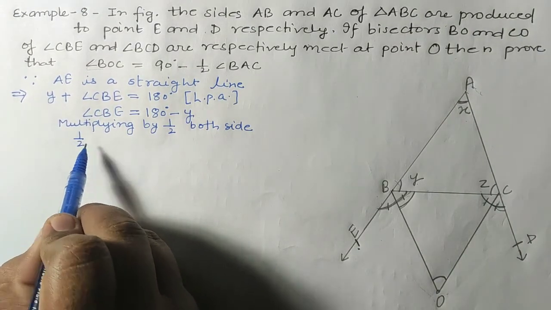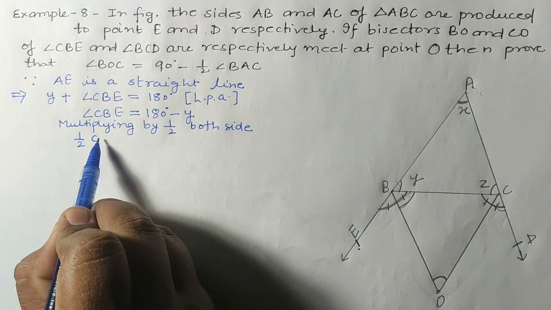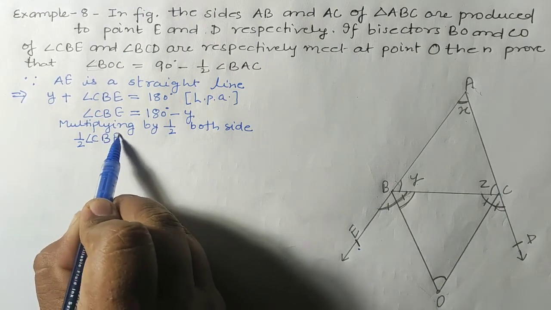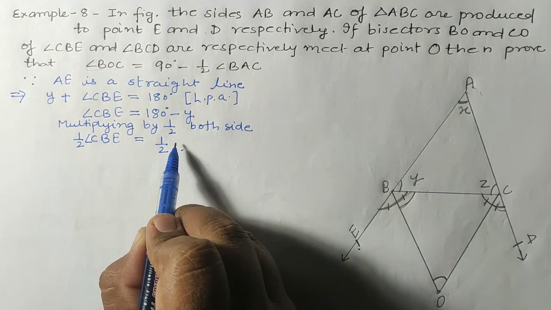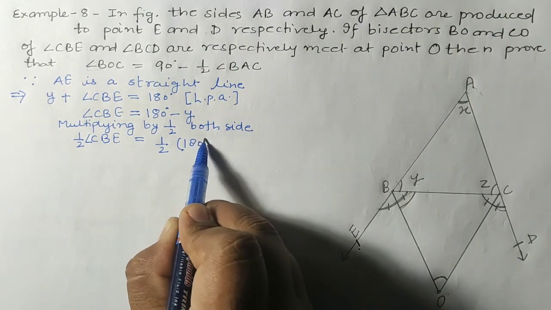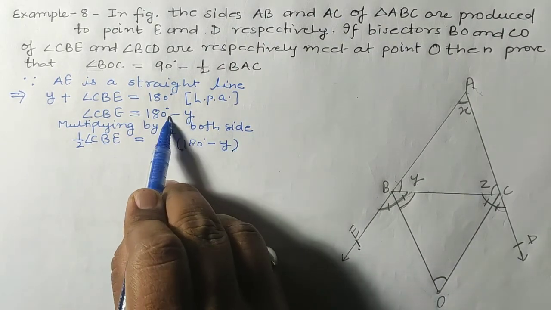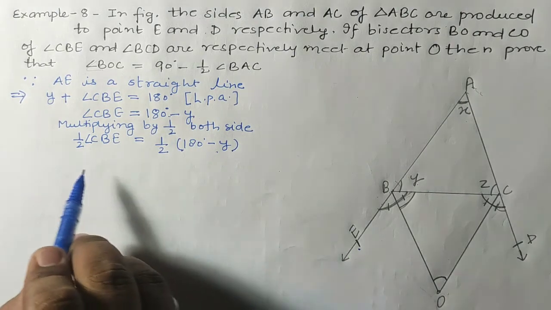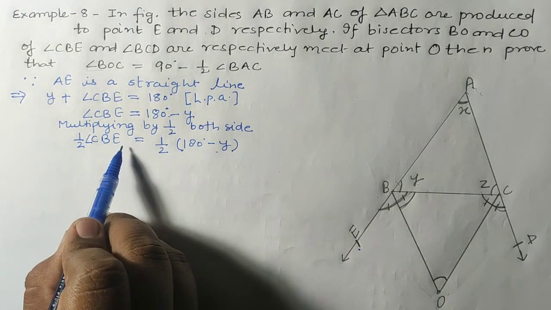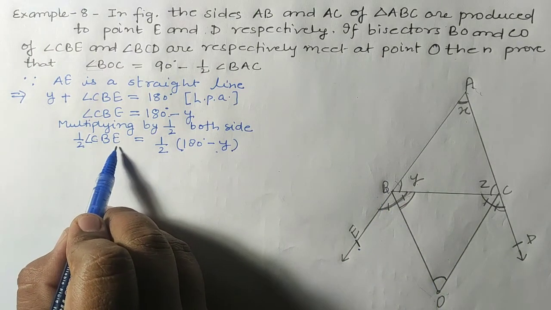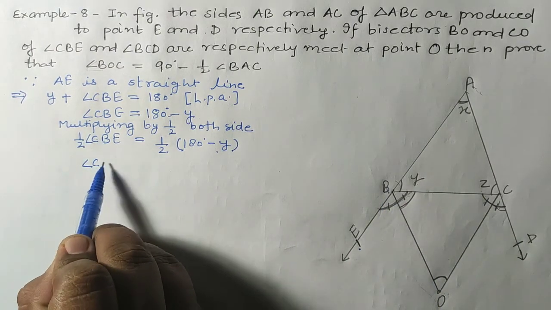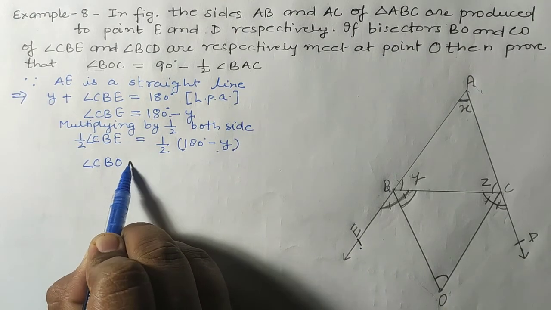So half of angle CBE is equal to half of 180 degree minus Y. Means on the right hand side also 1 by 2 will be multiplied. So half of angle CBE we can write as angle CBO.